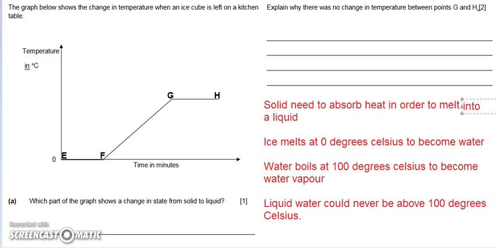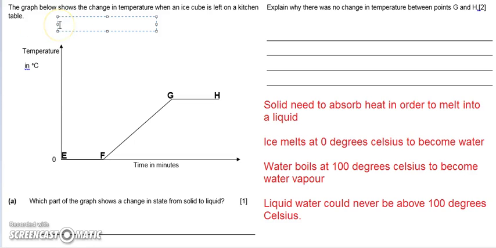Okay. Now, that means there must be a source of heat. In this case, the source of heat, because the question states that it is left on a kitchen table, must be the surrounding air.